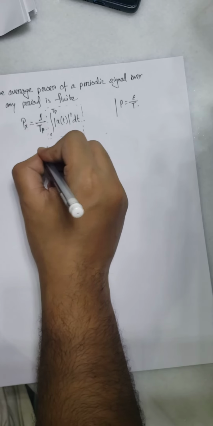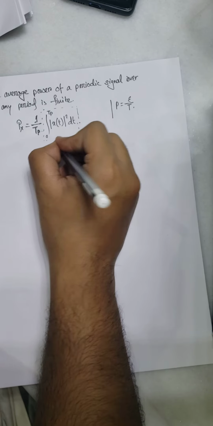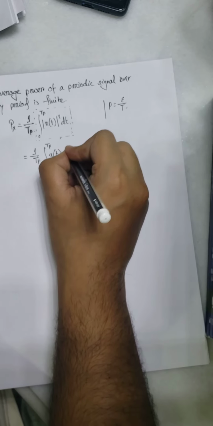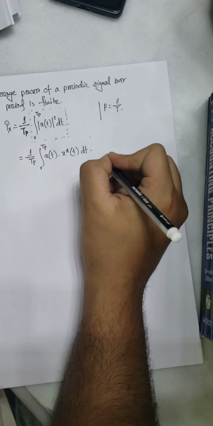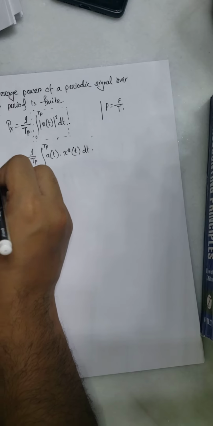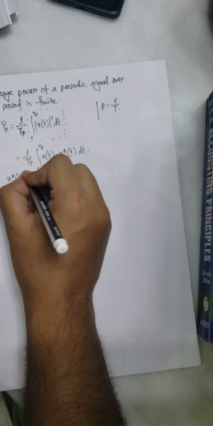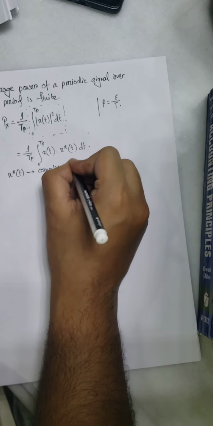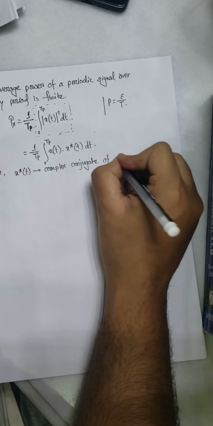Now this can be further expanded as 1 over Tp, an integral from 0 to Tp, the time period, x of t times x asterisk t, where it must be mentioned that x star t is the complex conjugate of x of t.